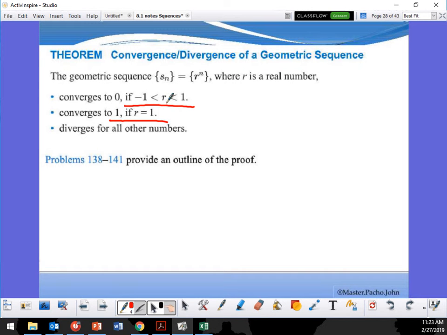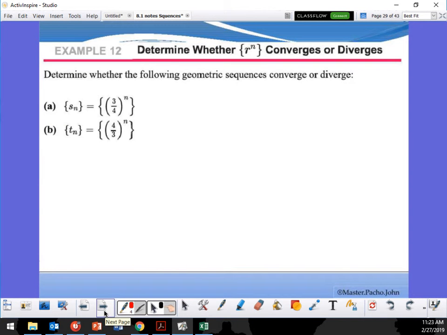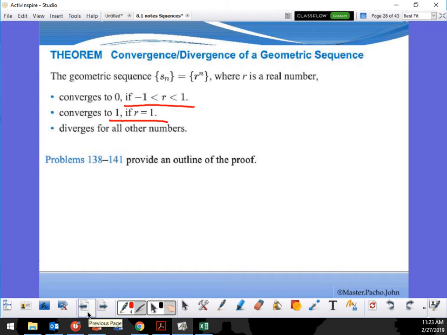R has to be between here and here, right? Okay, good, let's set that up. So I have -1, not equal to, and 3 over 4 and 1. Yes? Okay.